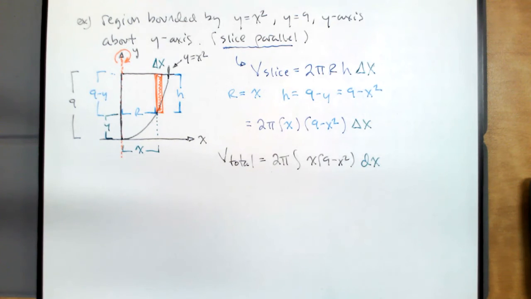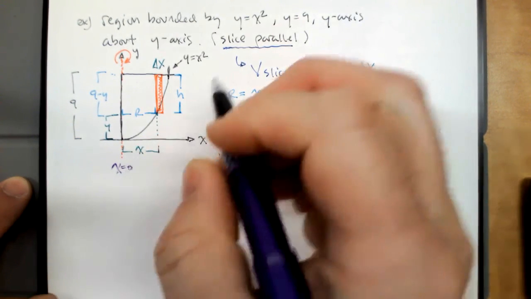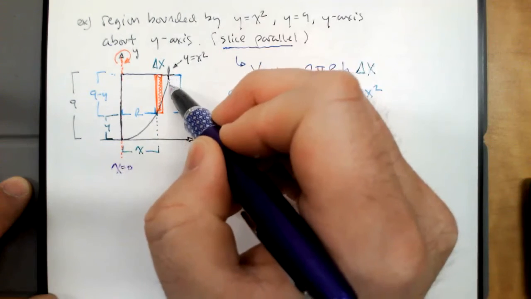Then the last thing we need to do is figure out what values of x tell us about slices. The slices start at 0, and the slices are all done at 3.